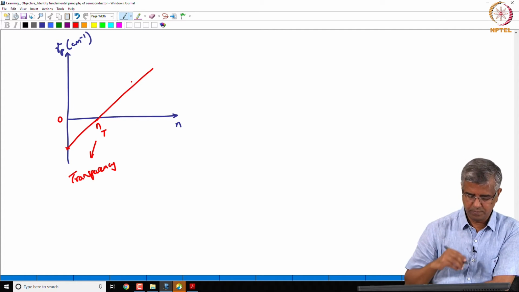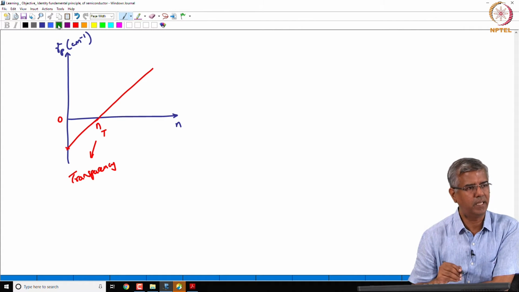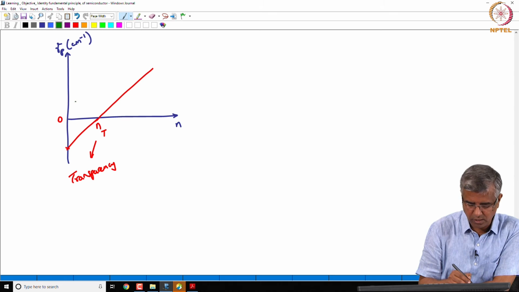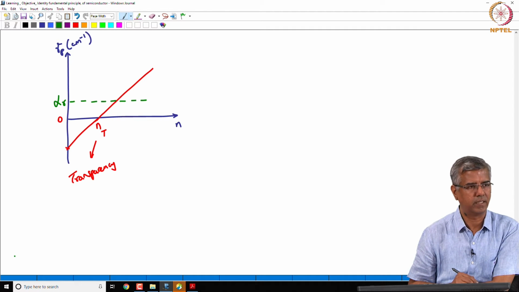So, now comes the concept that when you make a laser, you have extra losses in your cavity, right. You could have background losses in the cavity as well as mirror losses in the cavity. So, that extra loss level may be somewhere over here, alpha r.